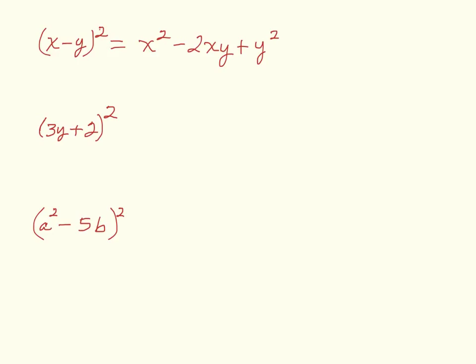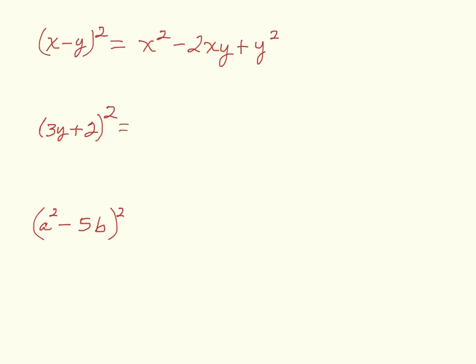It's a positive y squared. If the y was positive, positive y times positive y is positive y squared. So always when you're squaring a binomial, your last term has to be positive. That's one way you know if you've messed up. If your last term comes out negative, you've done something wrong.